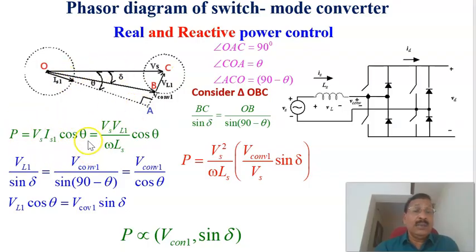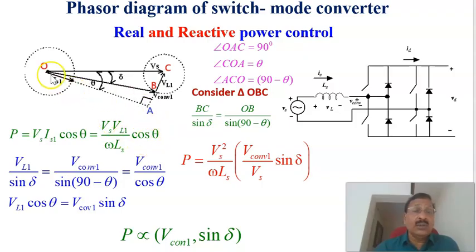Is1 is replaced by VL1 divided by the reactance, omega Ls, into of course the cos theta. Or here again, we have to replace the VL1 cos theta.